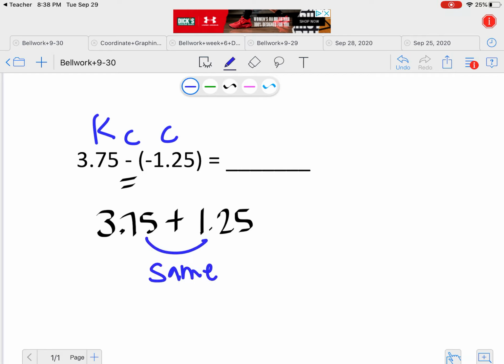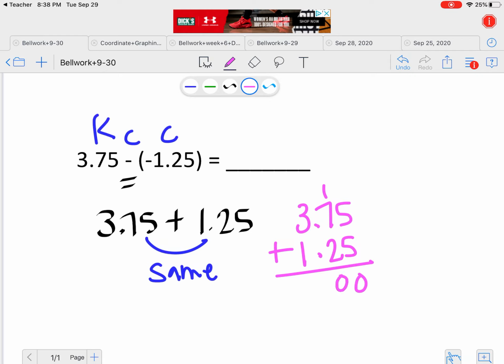They're both just regular positive numbers, so I'm going to line up the decimals and then add 3.75 plus 1.25. 5 plus 5 is 10. 7 plus 1 plus 2 is 10. Bring my decimal down. 3 plus 1 plus 1 is 5. You can either say the answer is just 5 or 5.00.